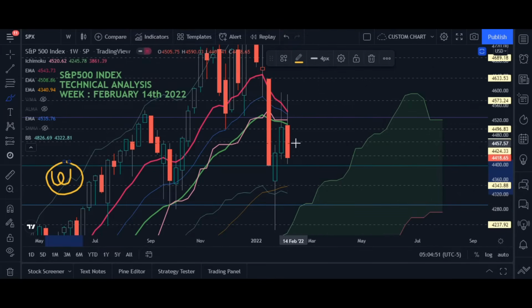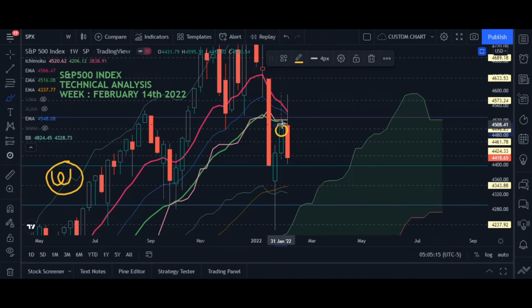Now, first the interpretation of the candles. The market was coming down, and then there was a rebound, a further rebound. But this particular bull candle failed to close above the moving averages. You can clearly see the closing is below the moving averages.